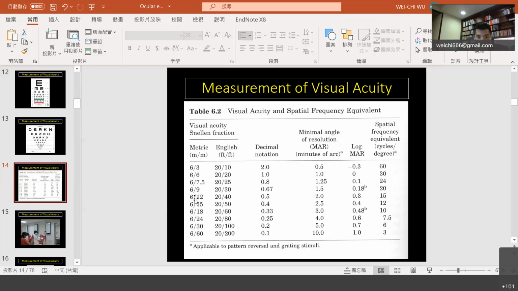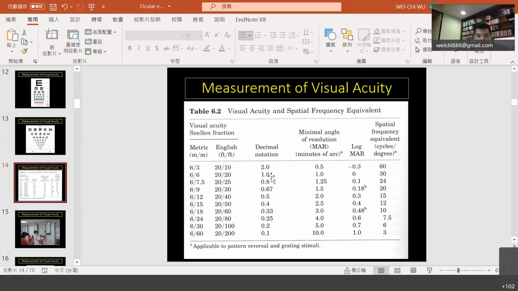In 6/12, that means a normal individual could see the object at a distance of 12 meters, but you need to be at a distance of 6 meters. So that means your vision was only 6/12. That's equivalent to 0.5 in decimal notation.